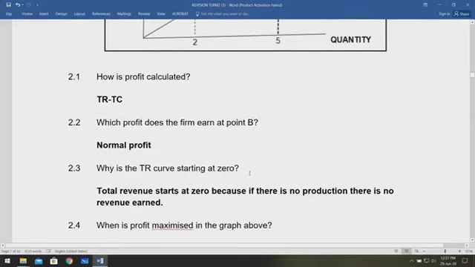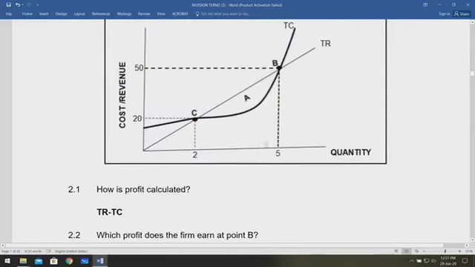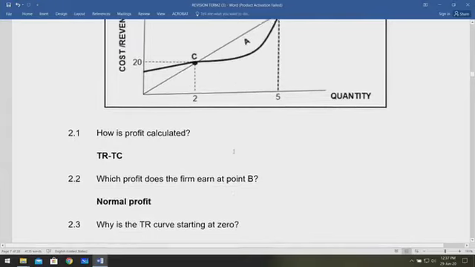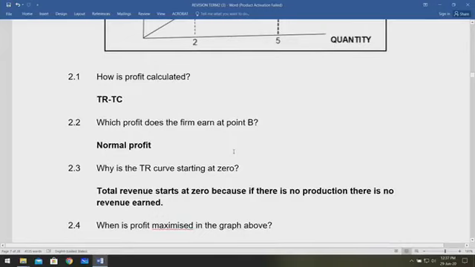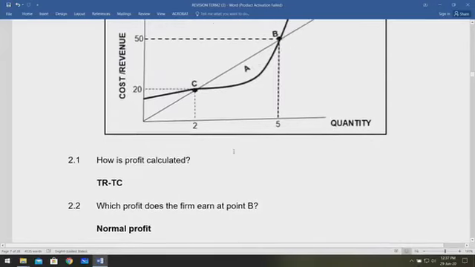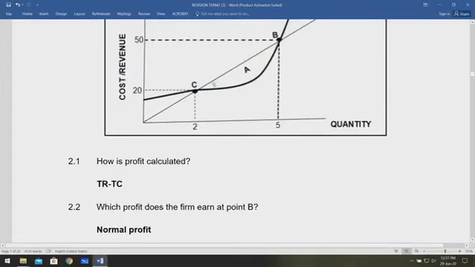When is profit maximized in the above graph? We can see here, they want to know when is the most profit being made, because this entire area here represents the profit area. But the question is very specific. They say, when is profit maximized? So you can't just say at point A, because point A stretches this whole area. So the maximization of profit would be at this point here, right?